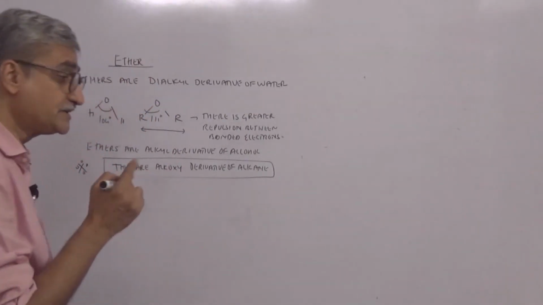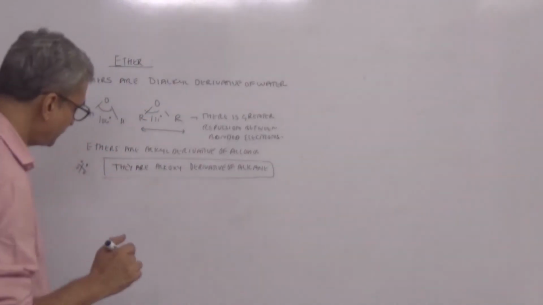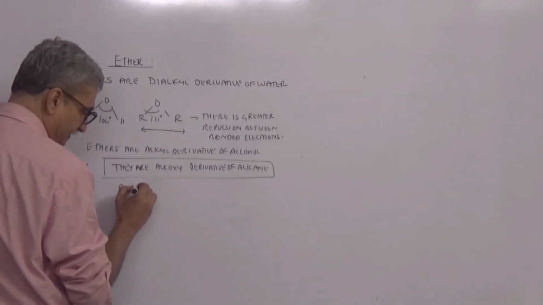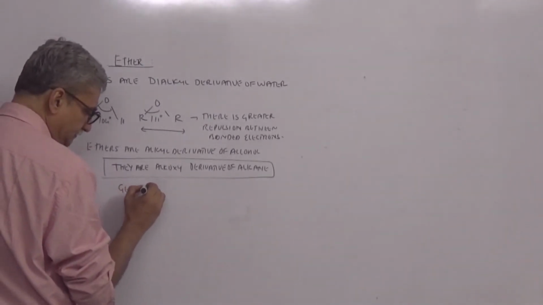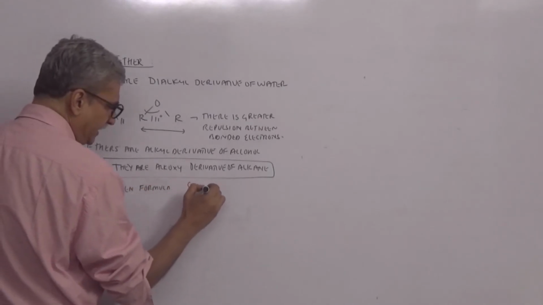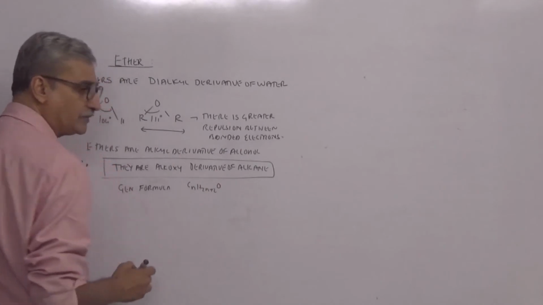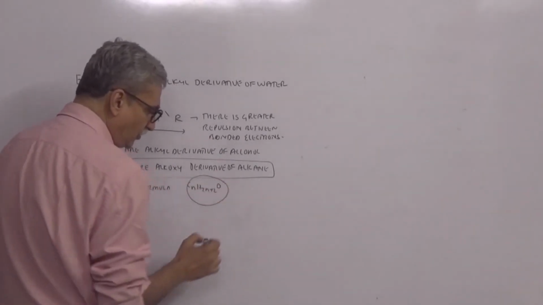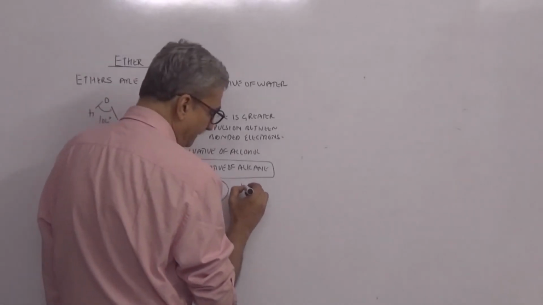Why? Because this becomes the basis of nomenclature. Then we have the general formula, CnH2n plus 2O.